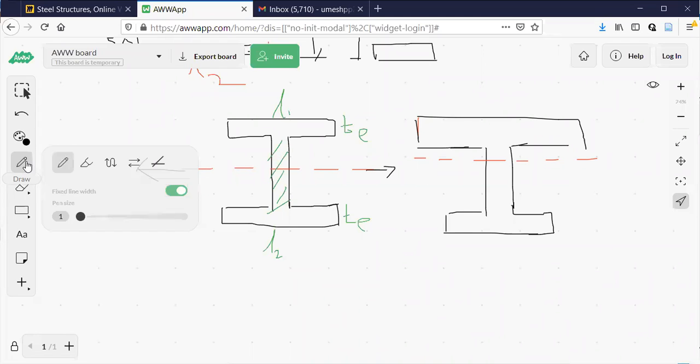This is the axis line of the loads. Since these two rectangles are of the same dimension, their combined centroid is again here only. Both are coinciding. Now if you keep the load axis the same, what happens here?